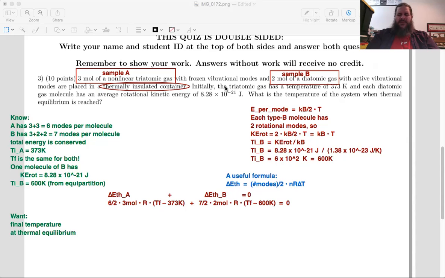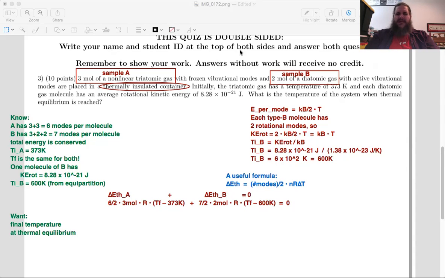Are there any factors, any multipliers or divisors that show up in every term here? Yeah, we definitely have a times R in every term.